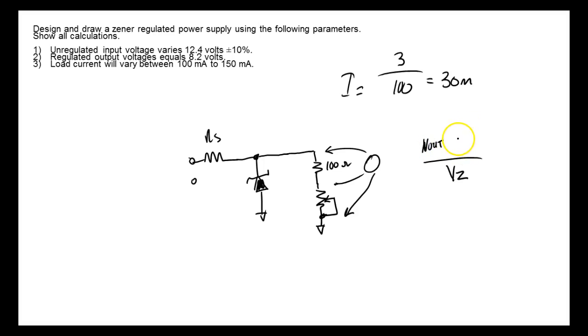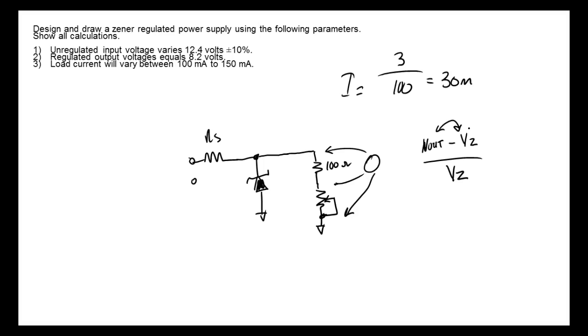Let's see, how does that go? V out minus VZ. But actually, it's big over little. It's big minus little. So you would swap this around depending on which one is the highest, right? Does that make sense?